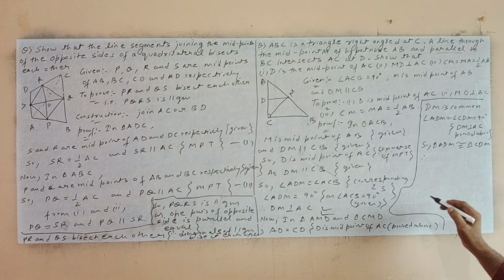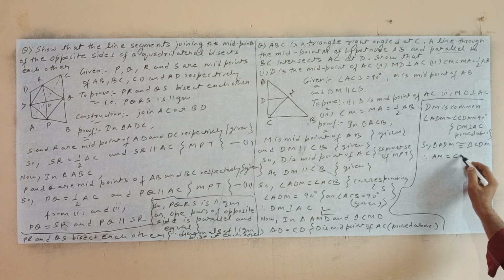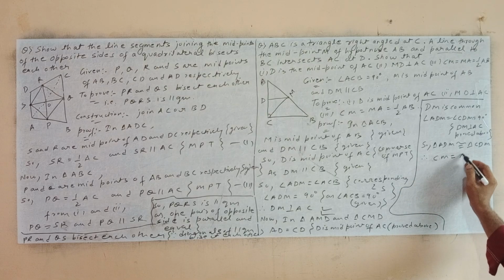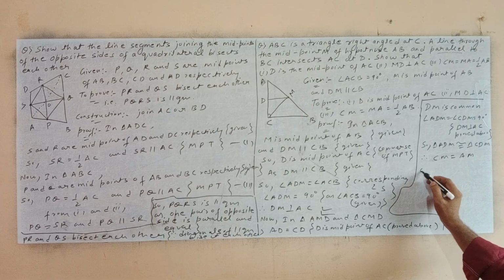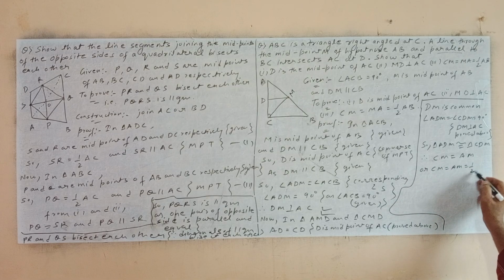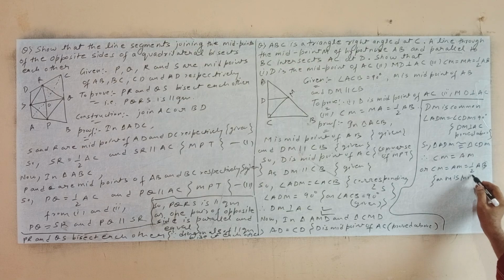Therefore you can say that AM is equal to CM. So you can say that CM is equal to AM, or you can write CM is equal to AM is equal to half of AB, as M is midpoint of AB.